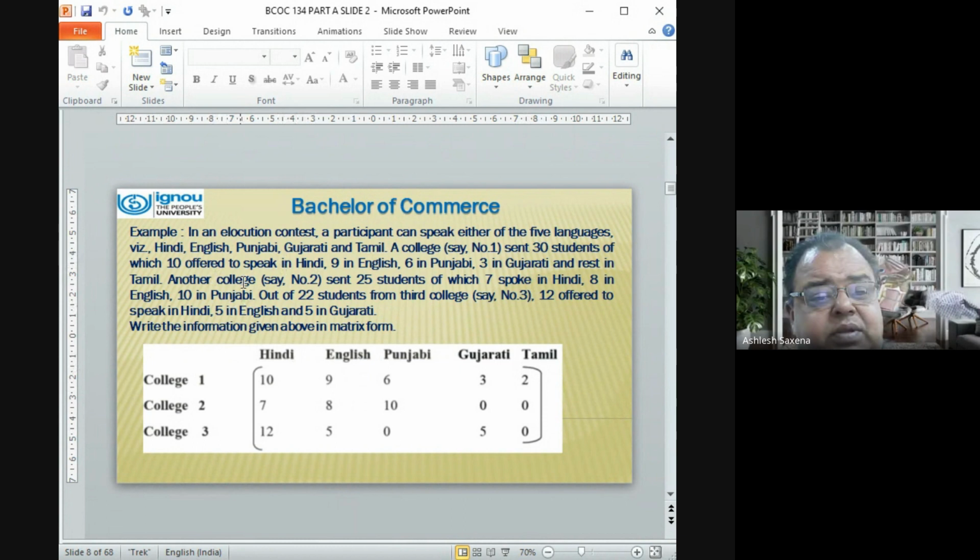Now second, what is happening in another college two, 25 students of which seven spoke Hindi. Right? Seven. Eight English. 10 Punjabi. How much is it? 25. The rest remaining will be zero. What about college three?